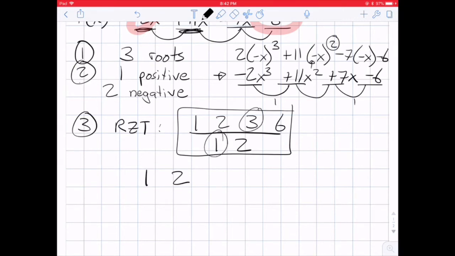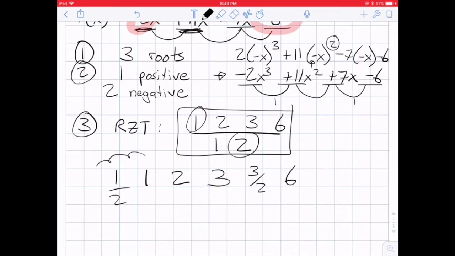I could have a 3 over a 1 or a 3 over a 2. 3 over 1 is just a 3. 3 over 2 I'll write like that. That's 1.5. And then I could also have 6 over 1 or 6 over 2. 6 over 1 is just 6, but 6 over 2 is 3, and I already have that one, so I'm not going to write that again. Oh, I did forget 1 over 2, a half. Let me put that in my list here. I wasn't going through meticulously enough.